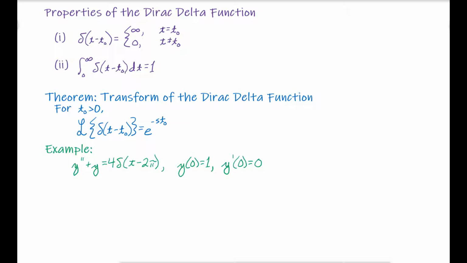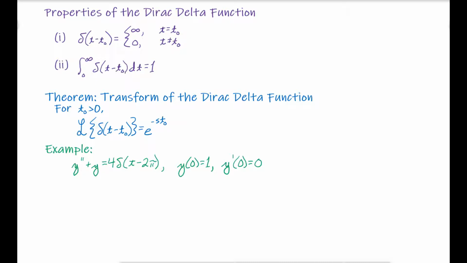But remember we said that the Laplace transform of a function approaches 0 as we go to infinity. But here we have the Laplace transform going to 1 because it's a constant function. So this tells us this is a weird function, and it's not a function.